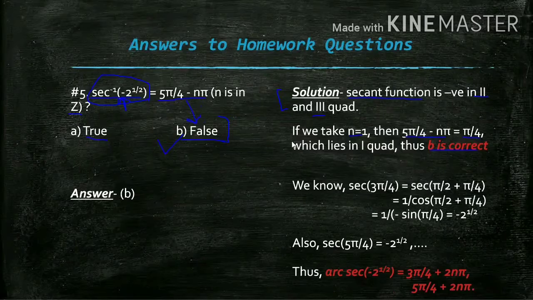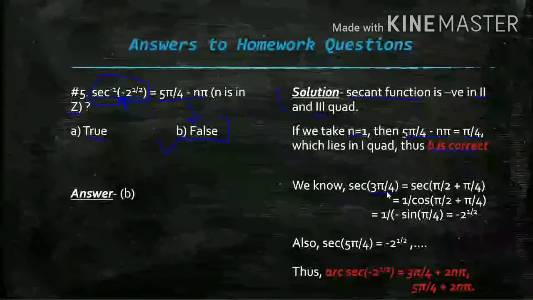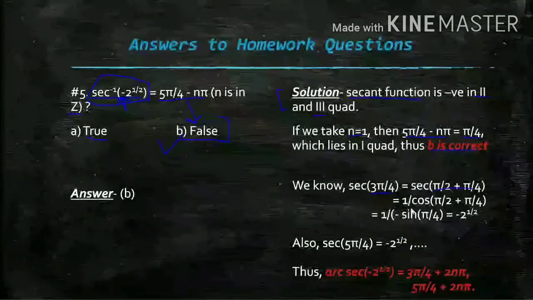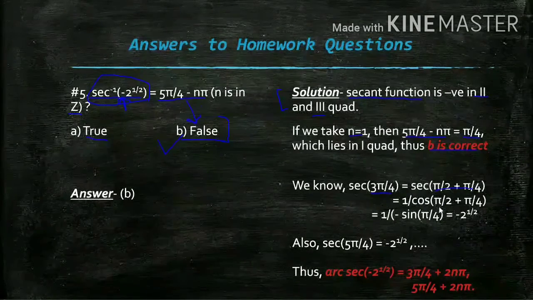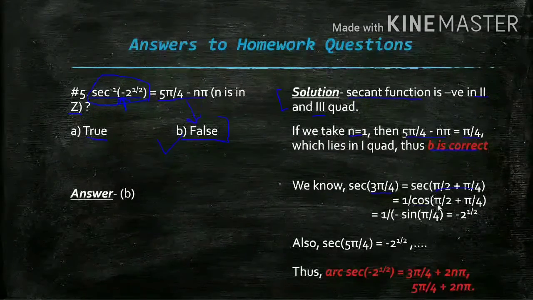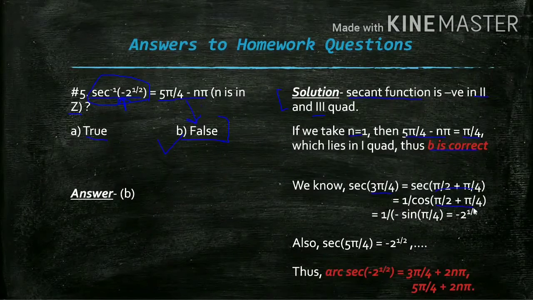So you will write this. You can easily find out the angle. The first angle is simple: you will write sec of 3 pi by 4 is sec of pi by 2 plus pi by 4. I'll tell you the trick. Firstly, go through this, which is nothing but 1 upon cos of pi by 2 plus pi by 4.